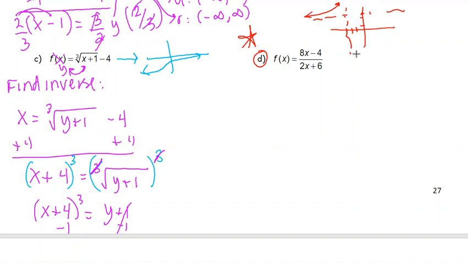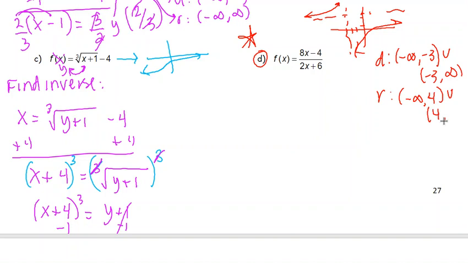It's a rational function. So the domain here is negative infinity to -3 and -3 to infinity. The range is negative infinity up to 4, that horizontal asymptote, and 4 to infinity.